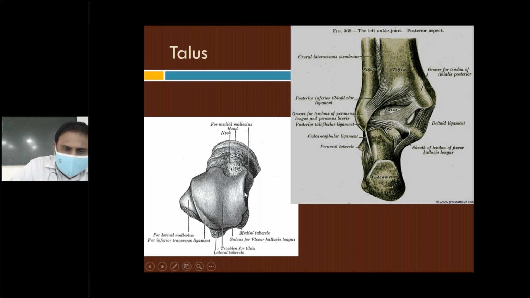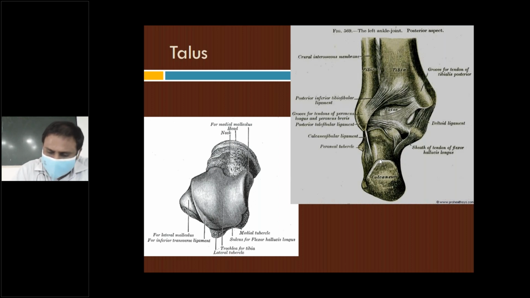Laterally it is comma shaped with two articular facets.